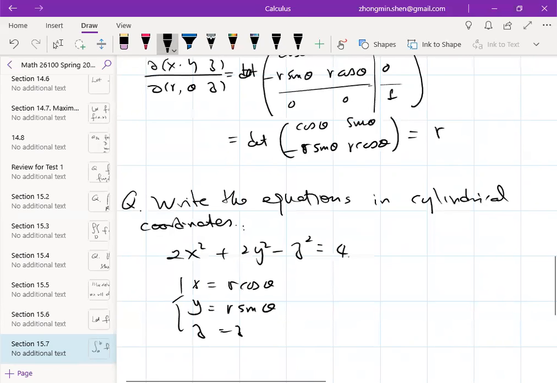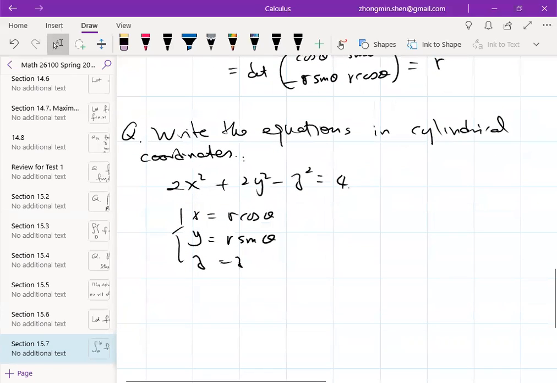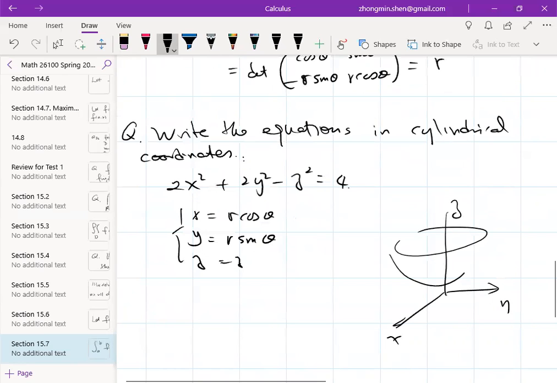Now what we're trying to do is, this is some surface in the xyz coordinate system. It looks maybe like that, I can draw a couple of them.